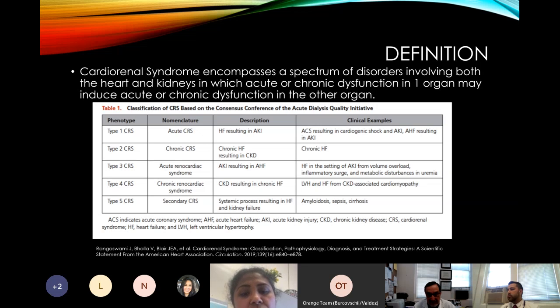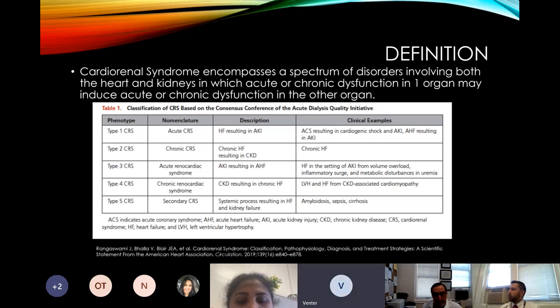And the management is slightly different for each one, but it emphasizes the point that Tushar was making, that we need better biomarkers that can help us clarify, because the traditional biomarkers that we use may not be ideal in a specific type of CRS.